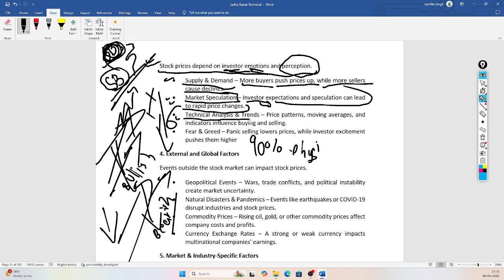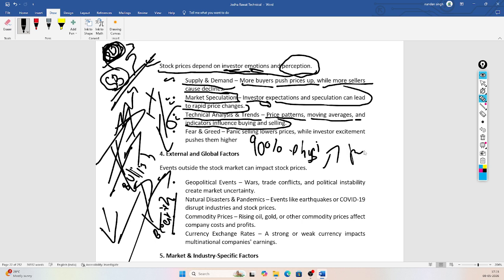And the third point is technical analysis and trends. What does it mean? Price patterns, moving averages and indicators influence buying and selling. What does a technical analyst mean? A technical analyst means price patterns. Right now I have not taught you how many patterns there are.